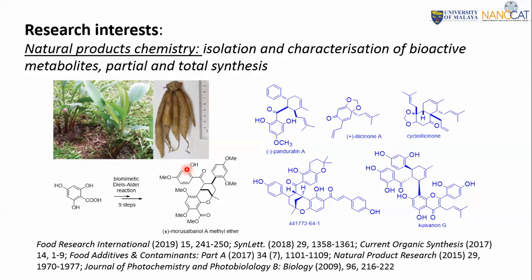However, research in this field is not easy. Often the secondary metabolites that we have isolated are minute in quantity. And we are actually the first group to tackle the scarcity of a dengue virus inhibitor, Panduratin A, which was originally isolated from a ginger species.